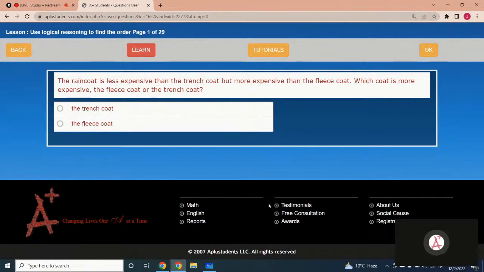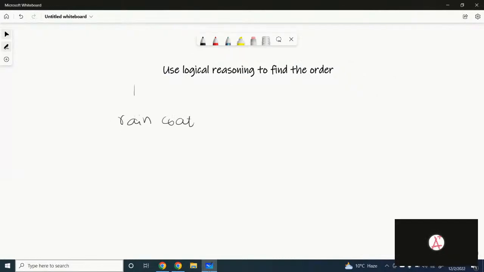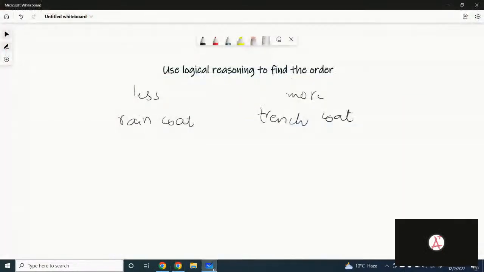The raincoat is less expensive and the trench coat is more expensive. Got it? And then we have, but the raincoat is less expensive than the trench coat but more expensive than the fleece coat. That means the raincoat is more expensive than the fleece coat.